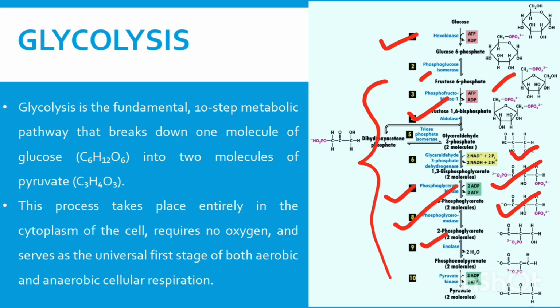Then from 2-phosphoglycerate, phosphoenol pyruvate is formed, and then from phosphoenol pyruvate, 2 molecules of pyruvate will be formed, producing ATP. As this process takes place 2 times, from glyceraldehyde 3-phosphate to pyruvate and then dihydroxyacetone phosphate to pyruvate, there are 2 ATPs each, all total 4 ATPs formed.